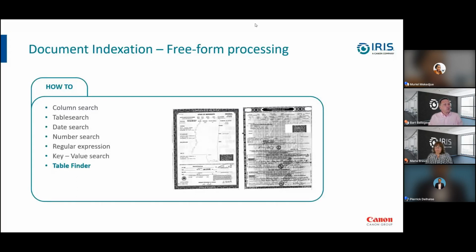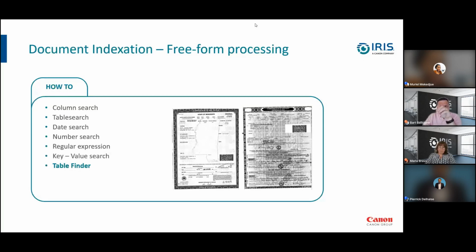We can also use something which we call key value search. A good example is an invoice. You would like to read the invoice number. You don't know where it is, but there is always a word in front, which is numéro de facture, invoice number, document ID. So once we find one of those words, we know in this area, we need to find the real value behind.